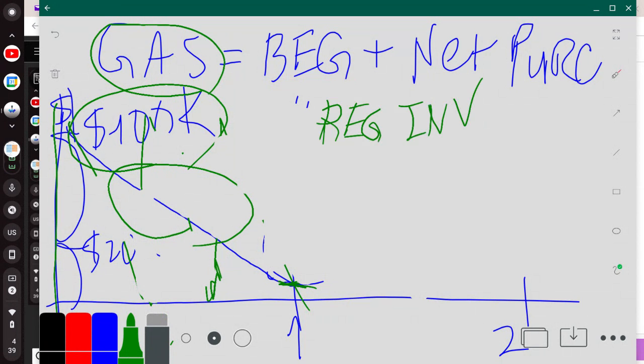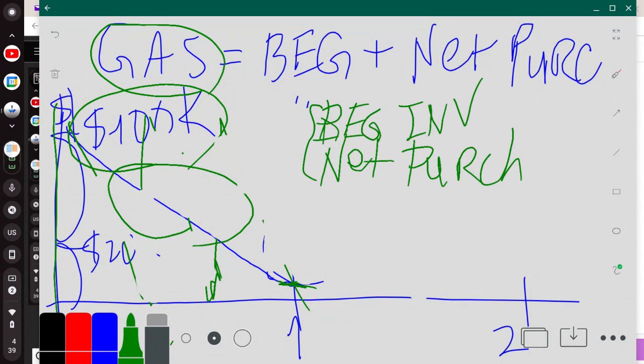You begin every month, right? You begin every month with the beginning inventory, every quarter. And then there's net purchase. So together, these together are called GAS, right? If ever you add them up, it's called the GAS.